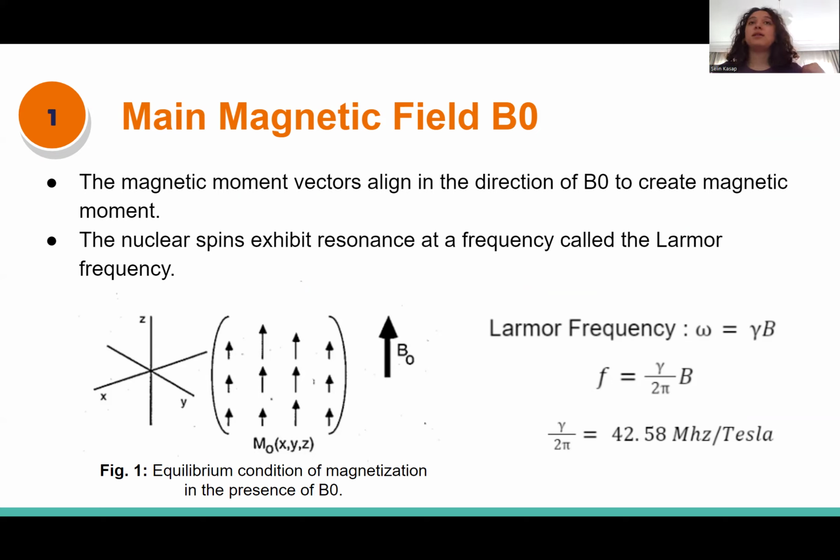The second is, B0 determines the frequency of nuclear spins, which is called the Larmor frequency. The Larmor frequency is given by gamma times B, and gamma over 2 pi is the gyromagnetic ratio. For water molecules and hydrogen atoms, the gyromagnetic ratio is 42.58 megahertz per Tesla.